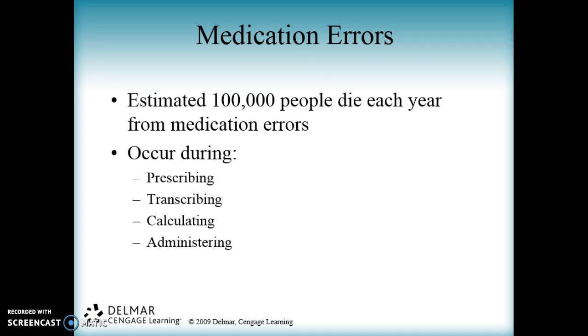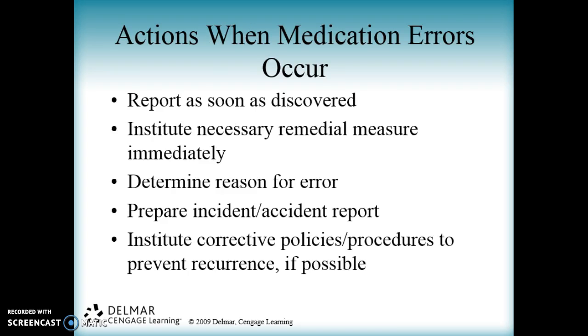Anytime that there is an error, it can happen at any point in this process. Make sure that it's reported properly. We do have certain things that we're not supposed to do as far as abbreviations that help to prevent some of those errors. But if there is an error, make sure you're following the protocol to report it and what you do to prevent it from happening in the future.